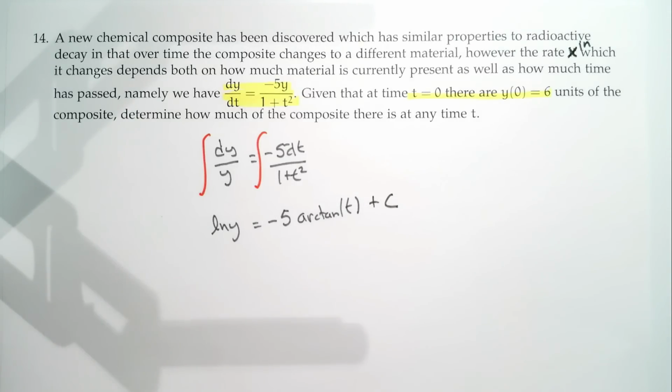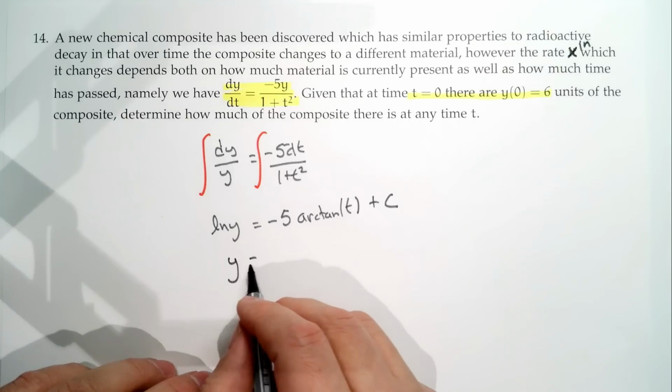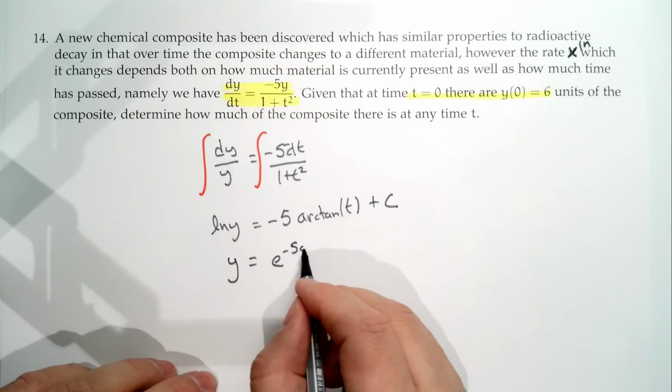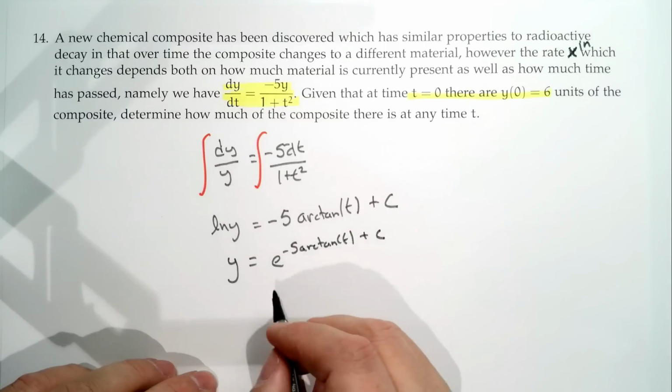Now we can solve for c now, or we can solve for c later. Since we did the earlier one, we solved for c now, so let me show you what would happen if you solve for c later. A lot of times you end up with something with a log. So if we raise both sides using exponential, we get y equals e to the minus 5 arctangent of t plus c.